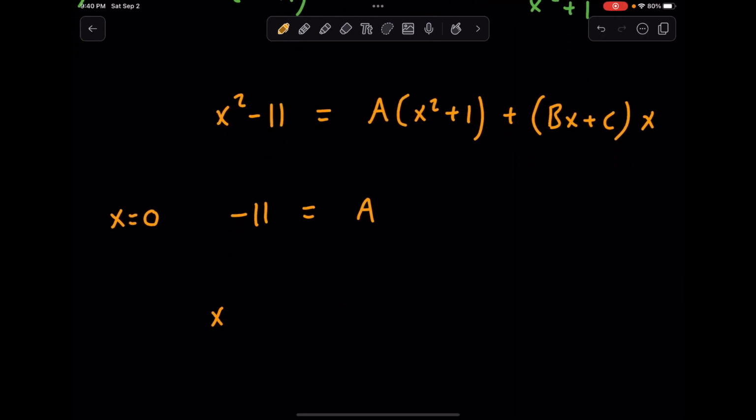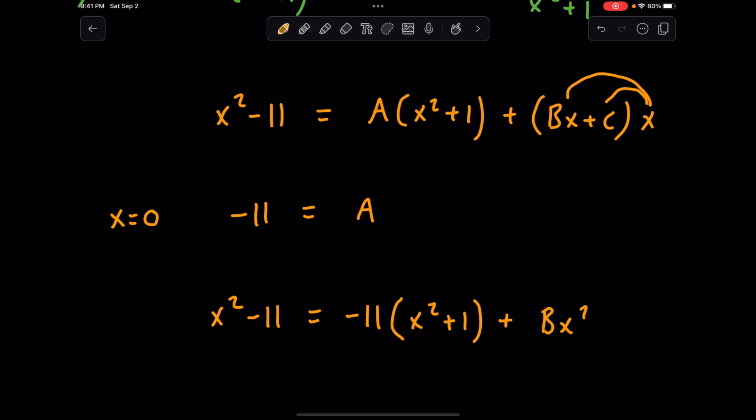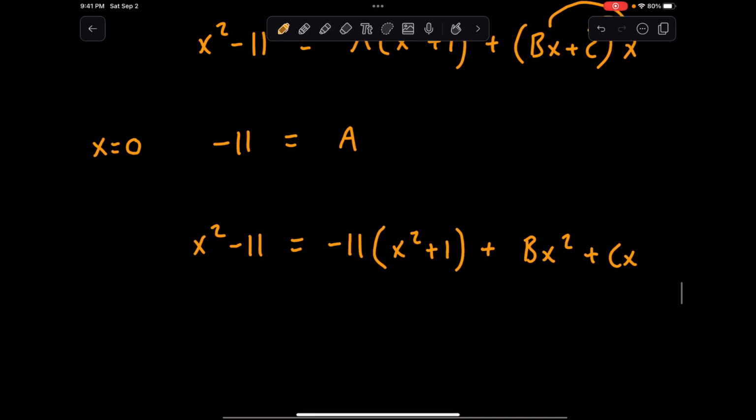Using that information, we can plug in negative 11 for a in this current equation. So rather than writing a here, let's write negative 11 times x squared plus 1 plus, and let's go ahead and distribute this x now. So that's bx squared plus cx. Now we can go ahead and distribute this negative 11.